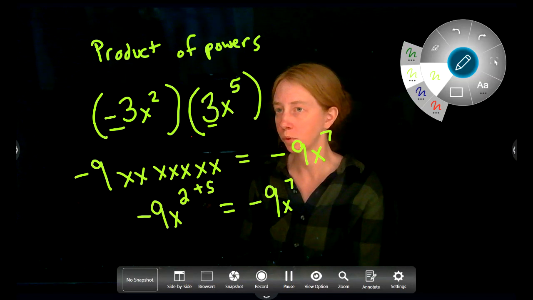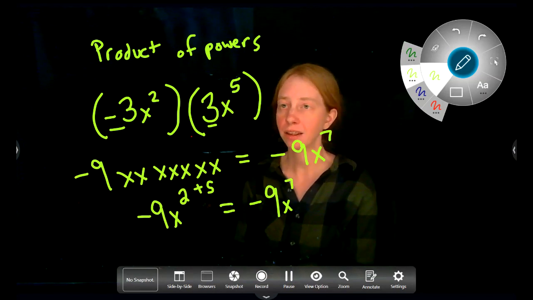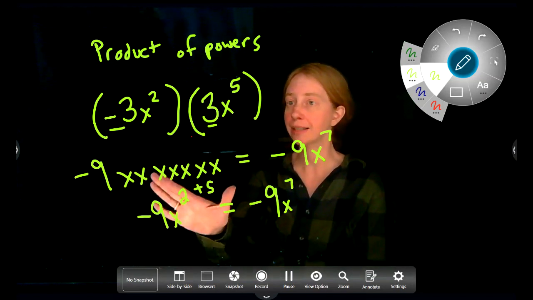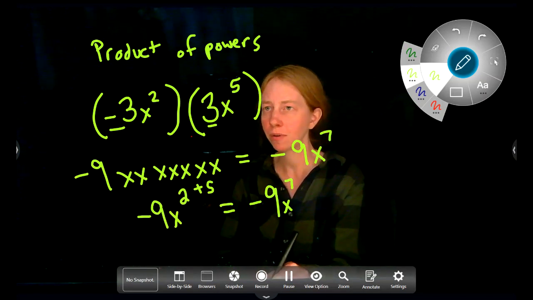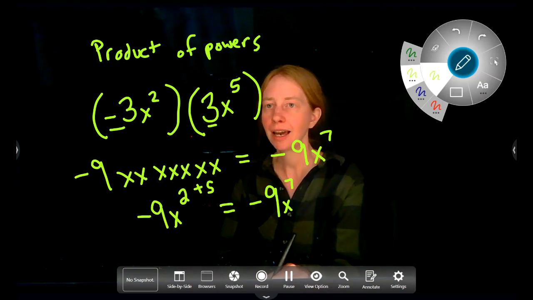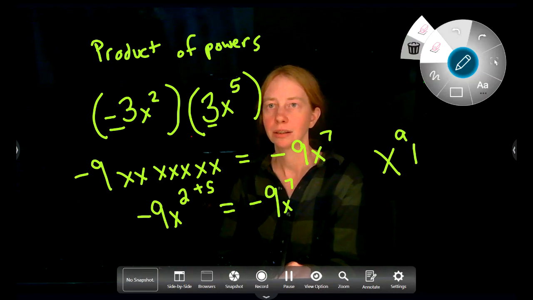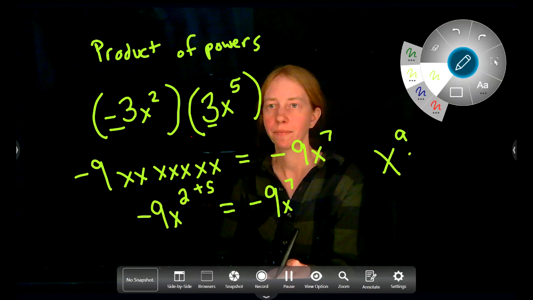We're going to have several rules. And one way that you can write these rules easily is you're going to want the example of how to do it. But then we have kind of a general way that we can write this as well. We can say x to the a times x to the b equals x to the a plus b.